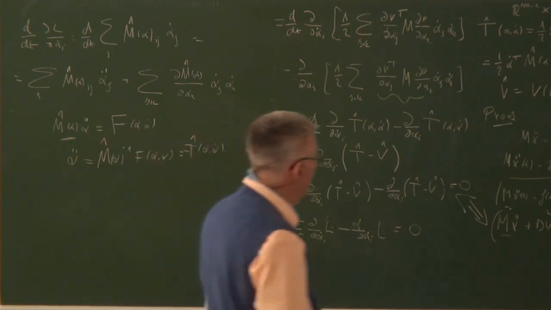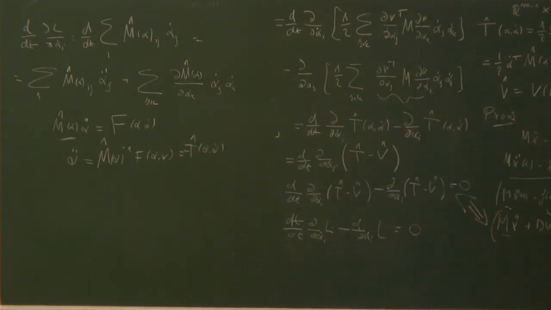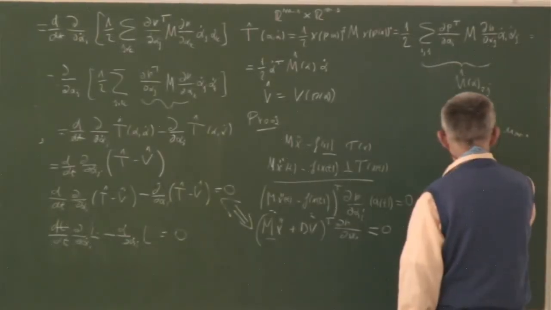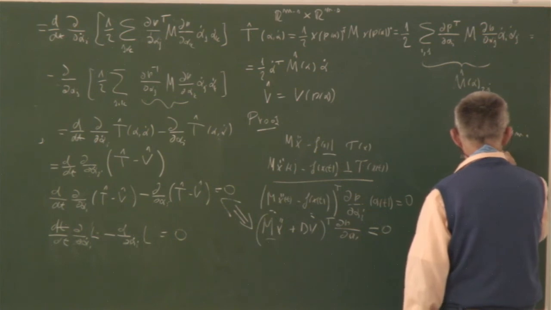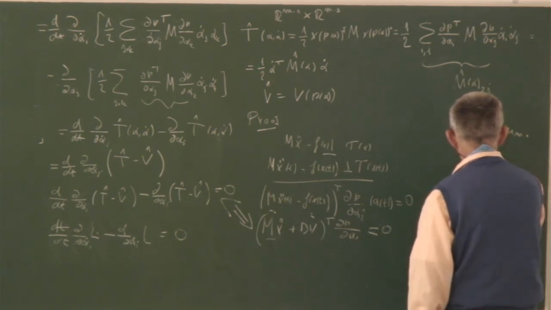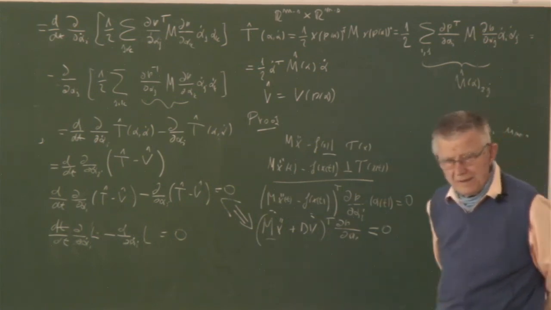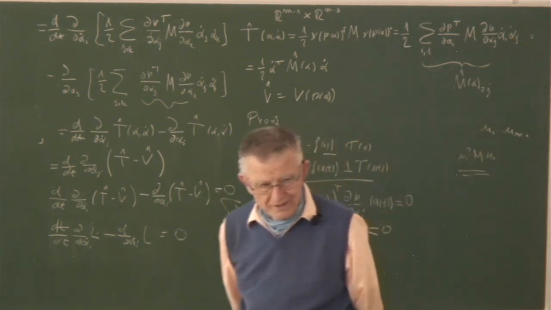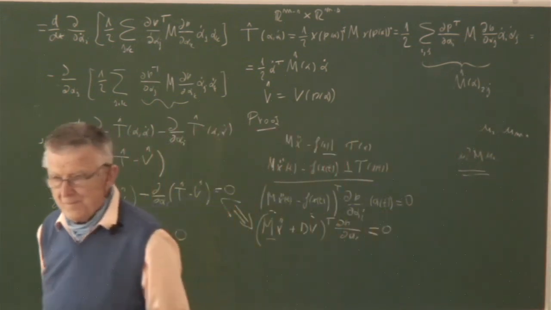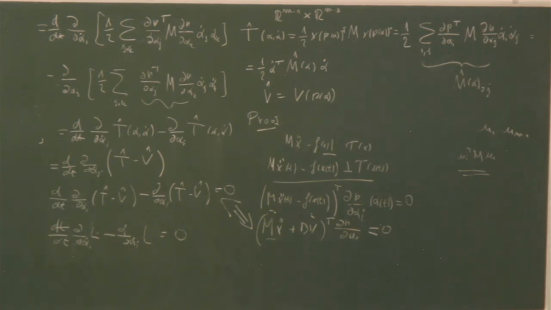So we have linearly independent vectors u1 to u m minus s, and you form the matrix ui uk. This is called the Gram matrix, and it is positive definite. See linear algebra.